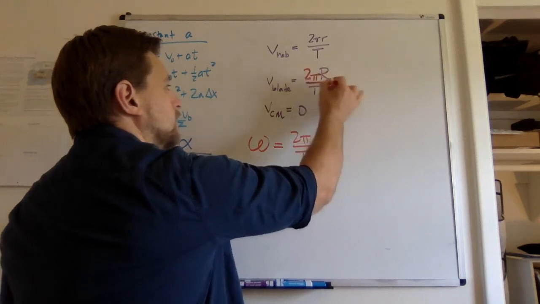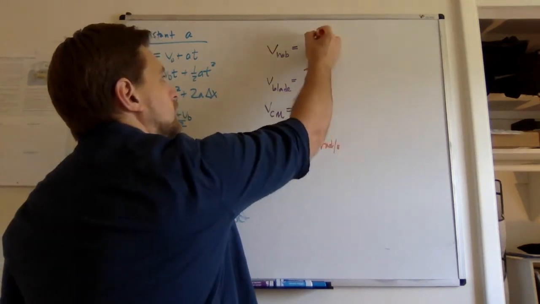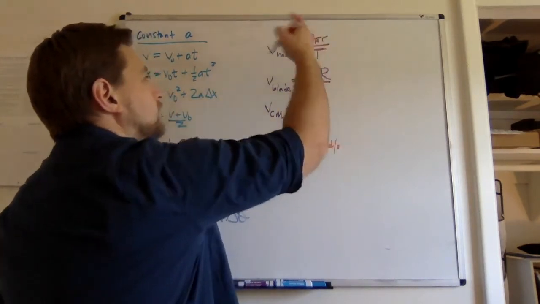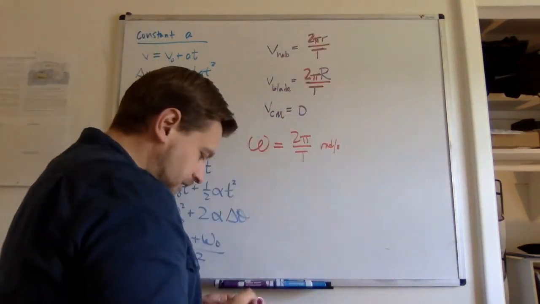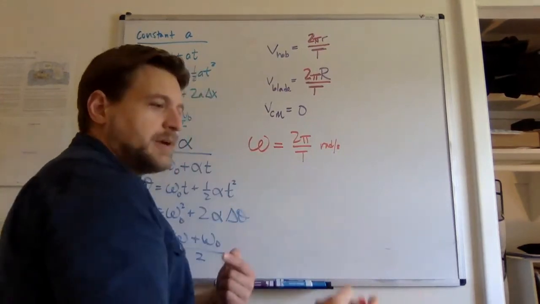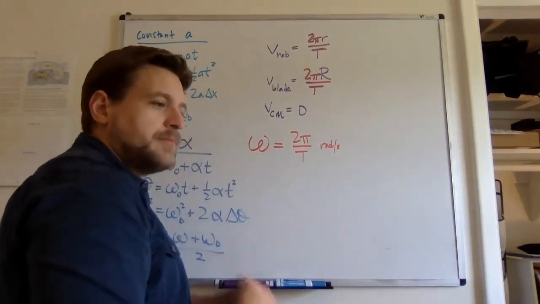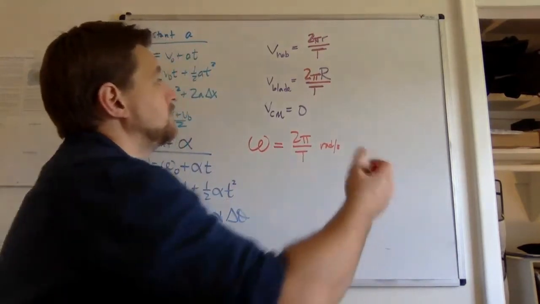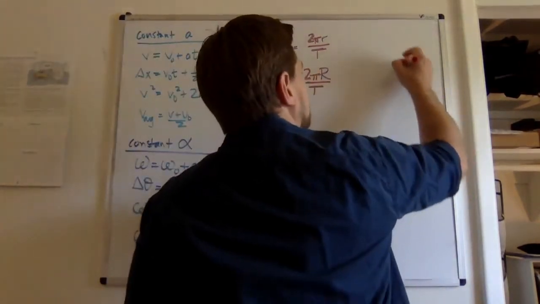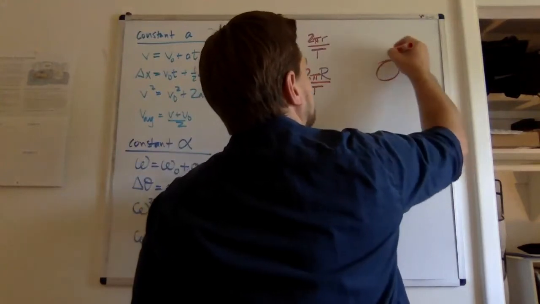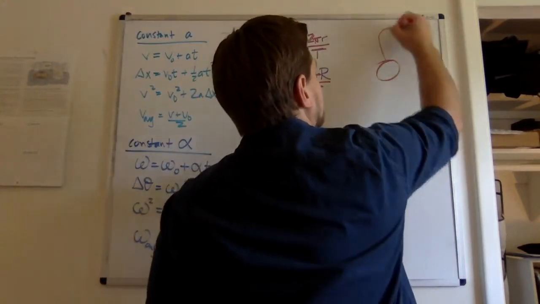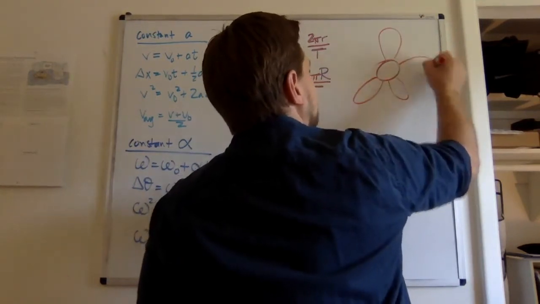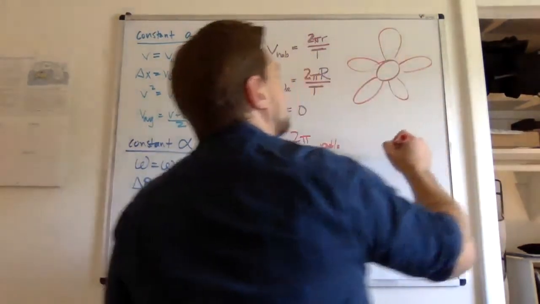Two pi over time, 2 pi over the period, times the radius, the distance of the point that we're talking about away from the axis around which we're rotating. Let me draw the quick picture again. There's one fan blade, and there's 2 fan blades.